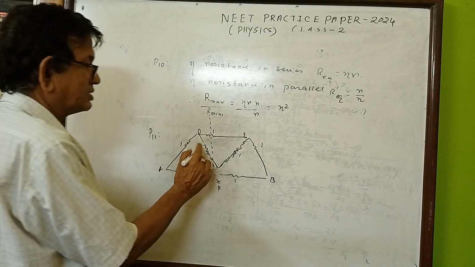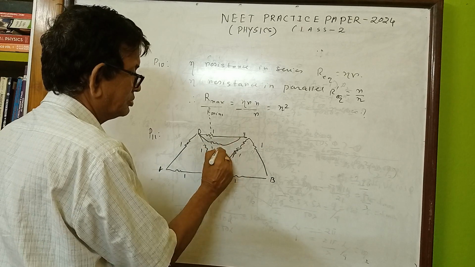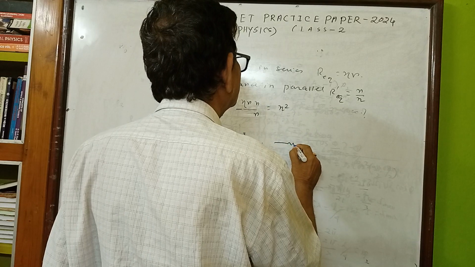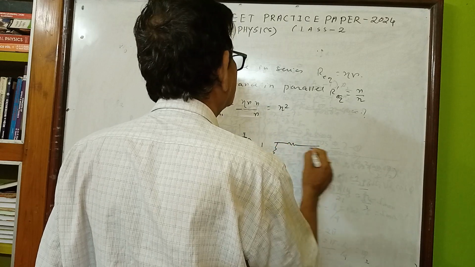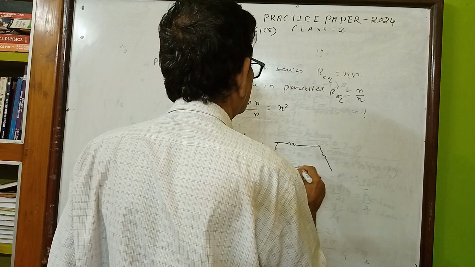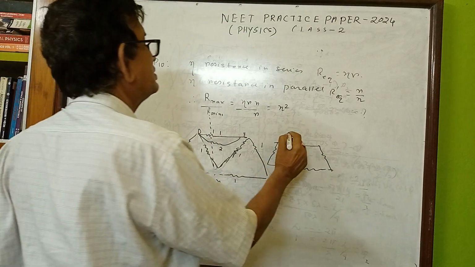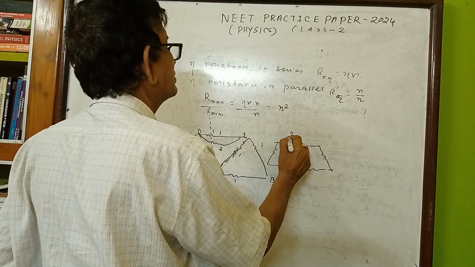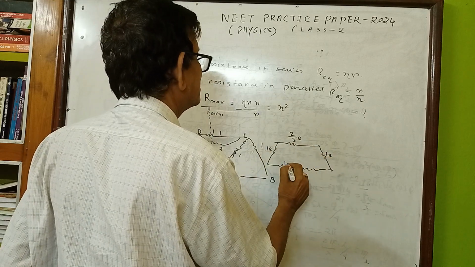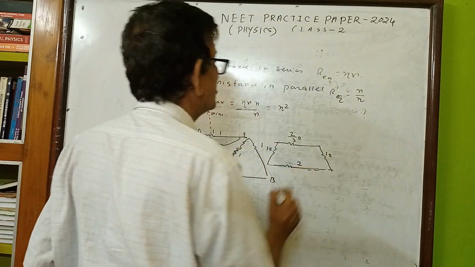What will you do? This is 1 and 1, this is 2. So first you calculate, this is a 2. This is 1. So the circuit will be like this, 2 and 1. This 2 and 1, this value will be 2 by 3 ohm, that is 1, that is 1, that is 1 and 1, that is 2, only one circuit will enter in series, that is 2.